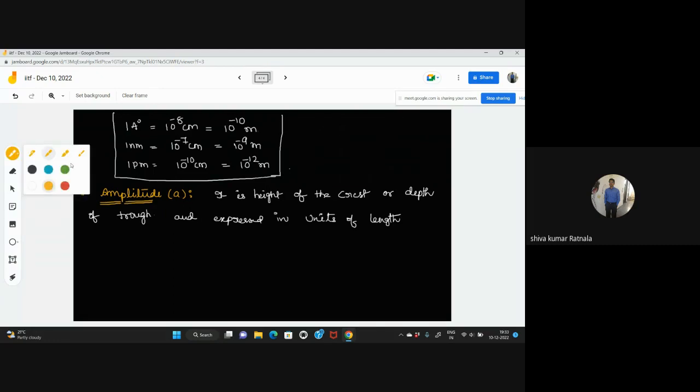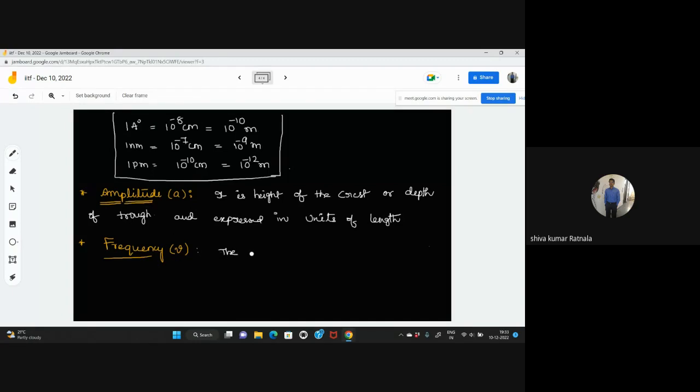Next characteristic is frequency. Frequency means what we can define. For example, if I'm taking a particular point, in one second how many waves are going to pass through it.